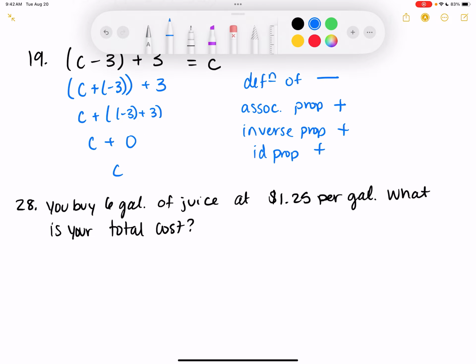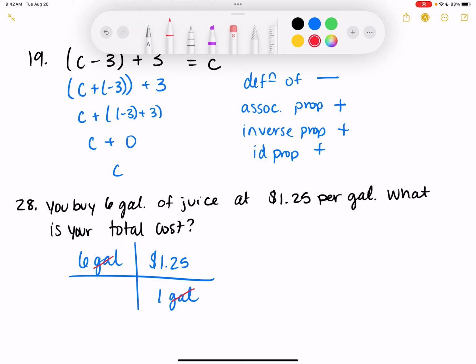So I set this up. I have 6 gallons of juice. And I like to do the little conversion table. I think it makes it the easiest. At $1.25 per gallon. So the per gallon implies that that's on the bottom. So it is $1.25 per 1 gallon. So then as far as units, gallons cancel.